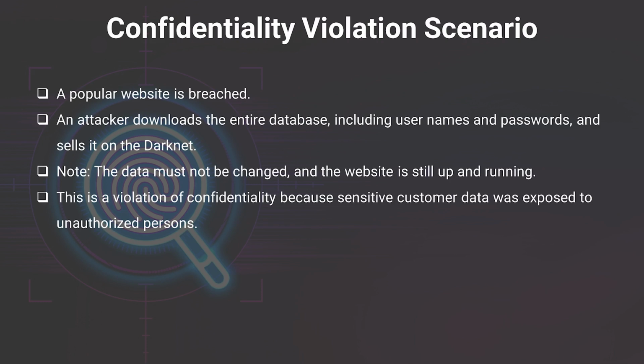An example of a confidentiality scenario would be a popular website gets breached, an attacker downloads the entire database, including usernames and passwords, and sells that database on the darknet. This is a violation of confidentiality because sensitive customer data was exposed to unauthorized persons. When the attacker hacked into the website and downloaded the database, that was the confidentiality compromise, and this would be a very serious security incident.